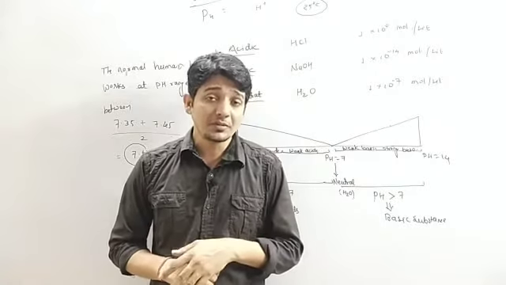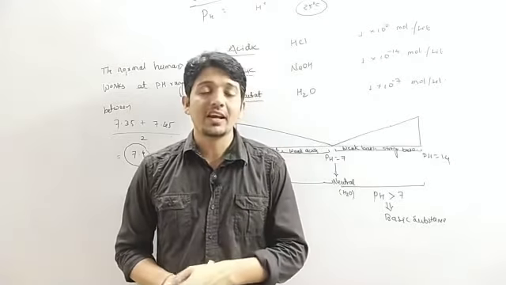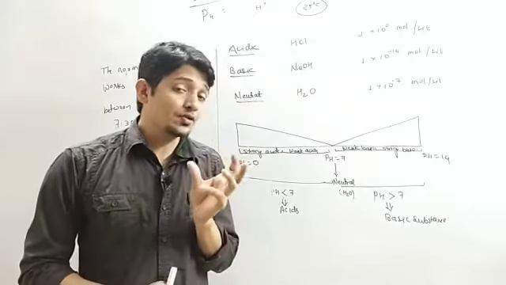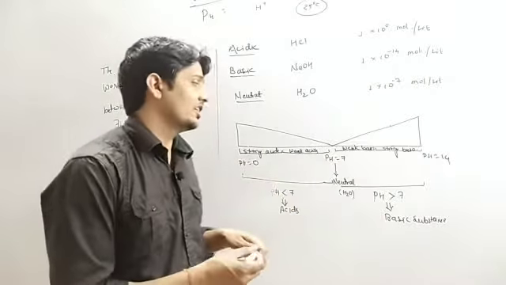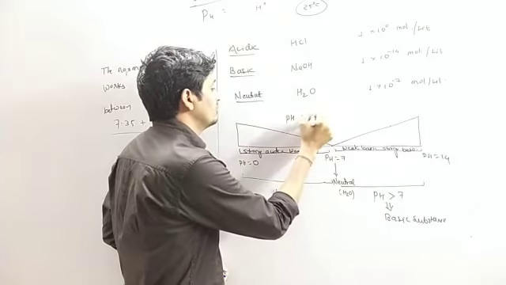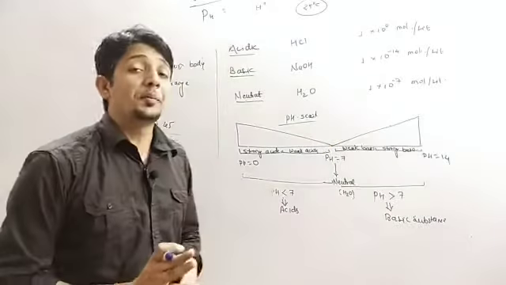What are basic substances? Those with a pH value more than 7 are called basic substances. So this classification is done on the basis of the pH scale. So this is all about the pH scale.